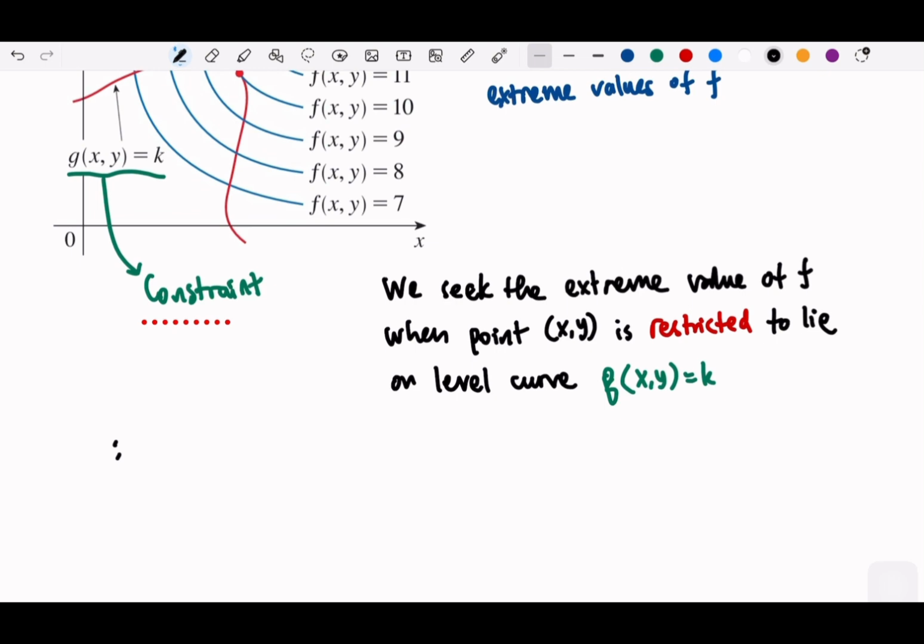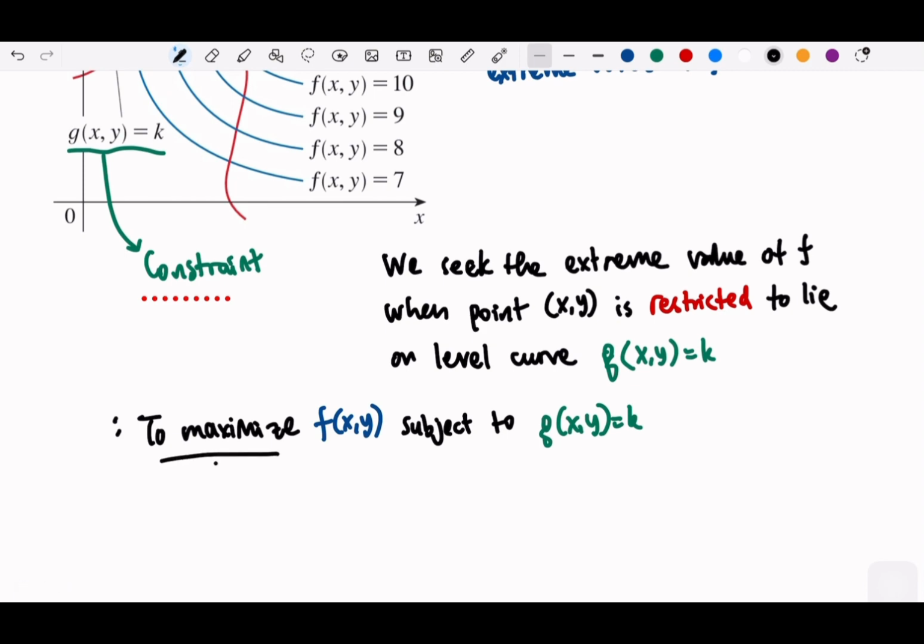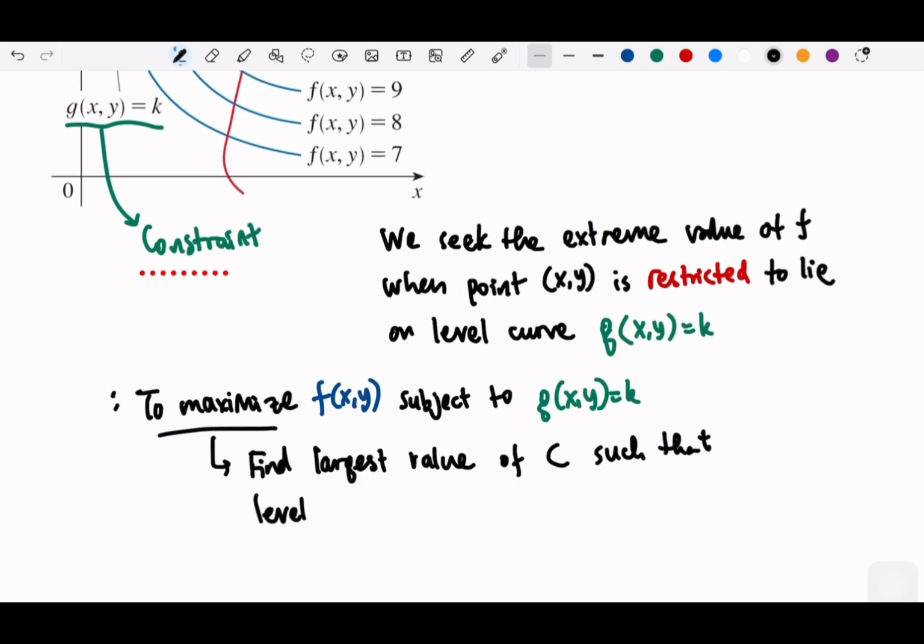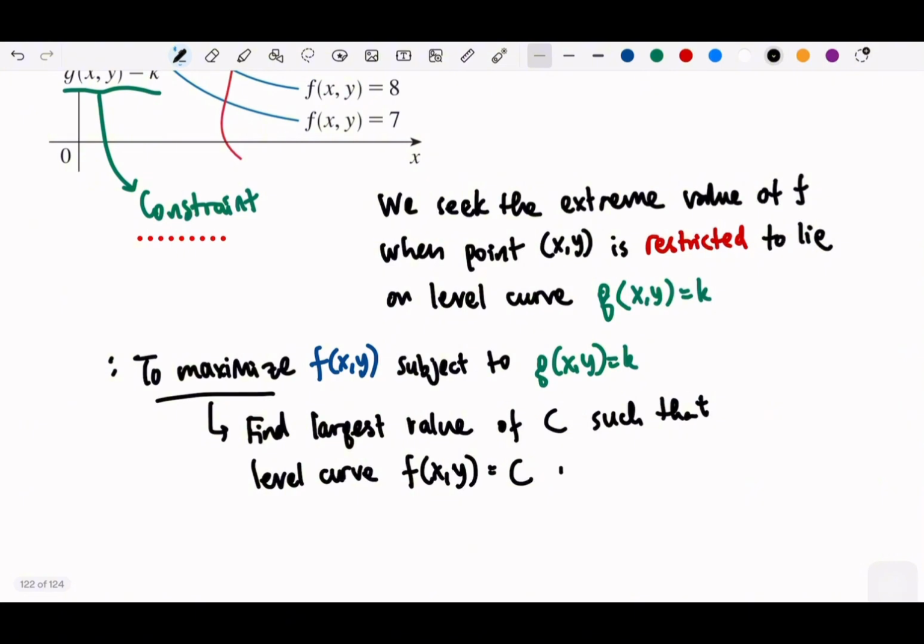Okay, now to maximize f(x, y) subject to the constraint g, it means to find the largest value of c such that the level curve f(x, y) = c intersects with the constraint.